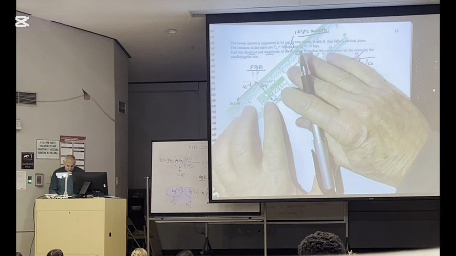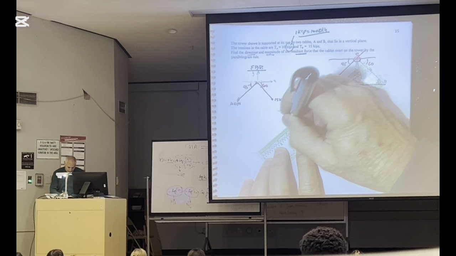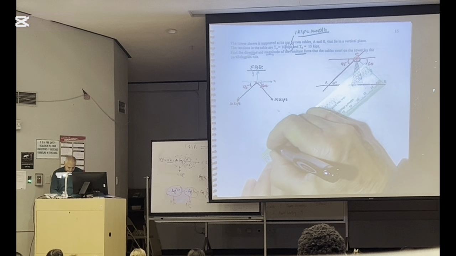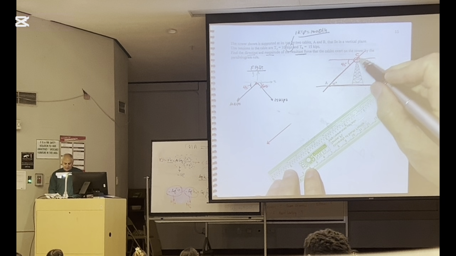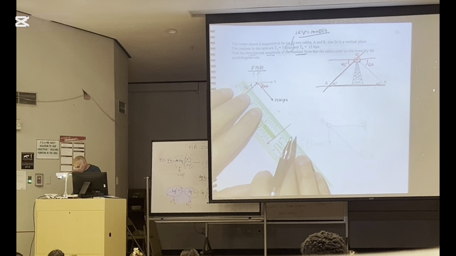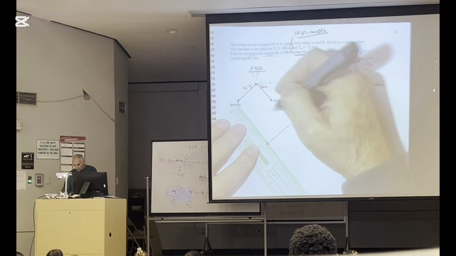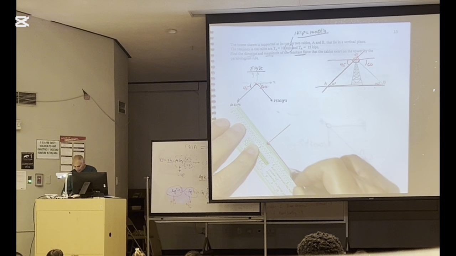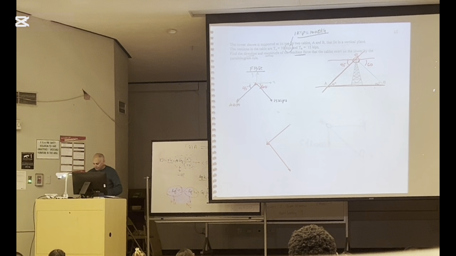I'm going to take this, and I'm going to slide it down here like this, and I'm going to draw a line. That's going to be AC. I'm going to take this one, and draw a line, like so, parallel to the original, and it's going to look like that. And I'm going to make it slightly longer because 15 is greater than 10.